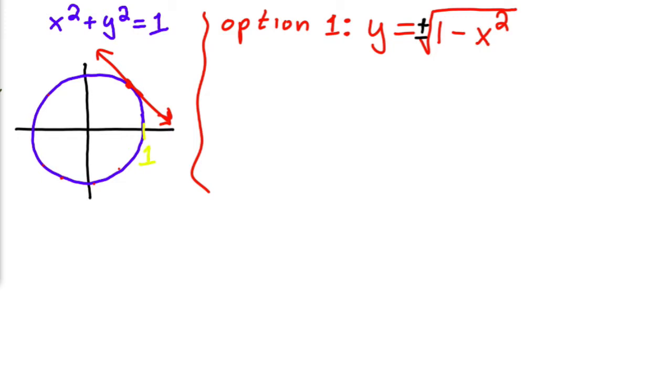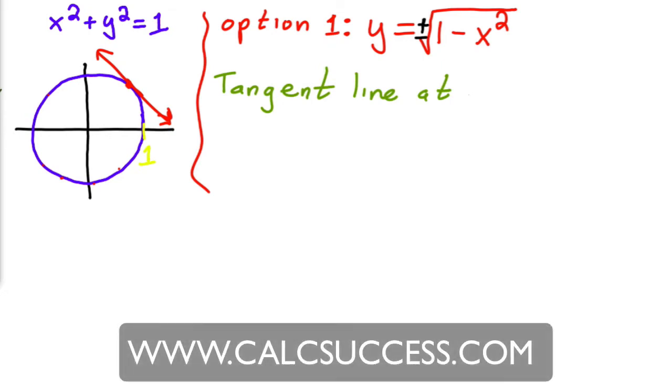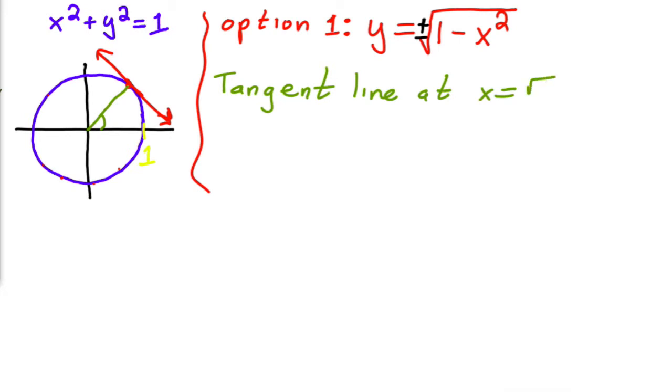So, for example, if I wanted to find the tangent line at x equals, right here, root 2 over 2, which is when the angle is pi over 4, then you can do it this way.